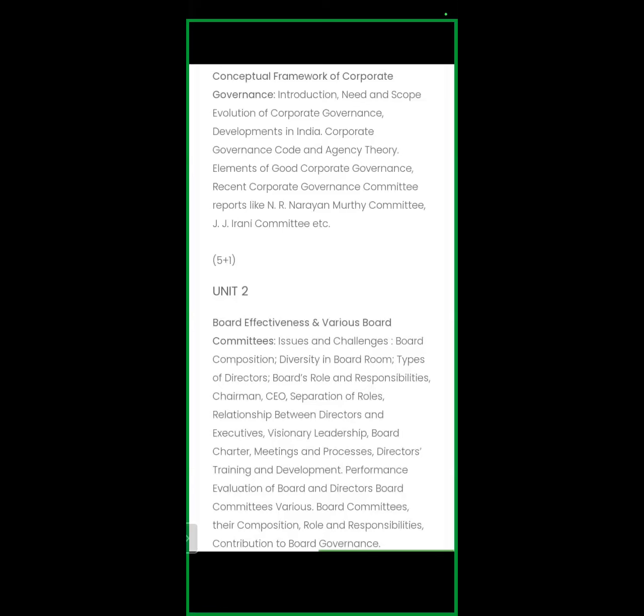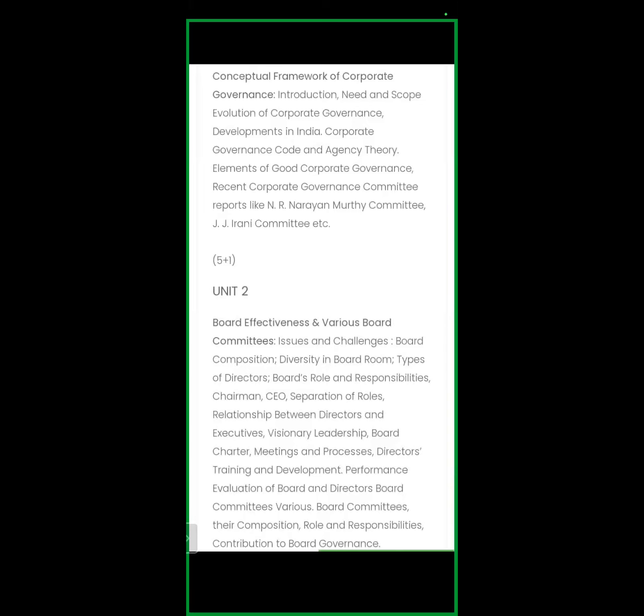Because in India, as we have already discussed, we have started implementing this corporate governance lately. Earlier, the governance of company was regulated through Companies Act 1956.